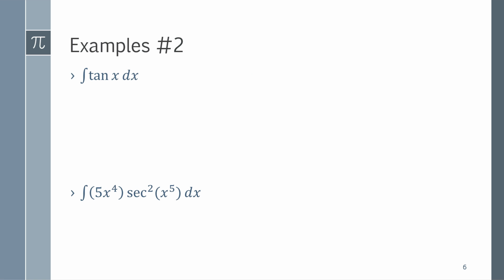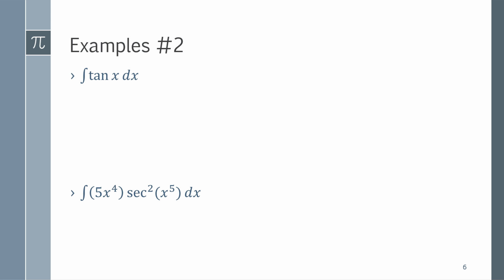If I then go to some other ones, trig is where these tend to get a little bit tricky. So you're going to see I've got several trig examples to go with this. For the tangent of x, I don't know of anything that has the derivative of the tangent of x, and it doesn't look like there's anything for me to say inside.